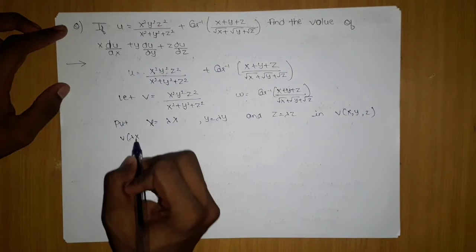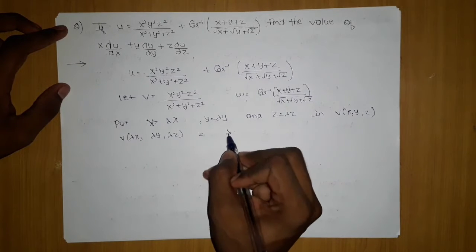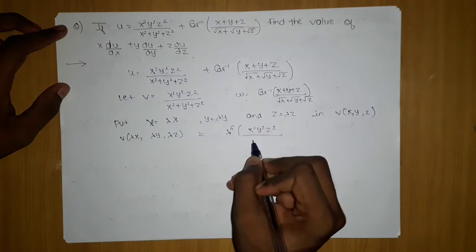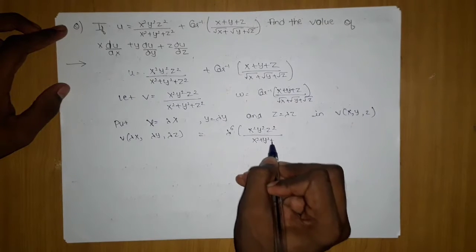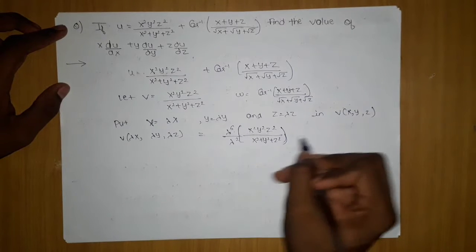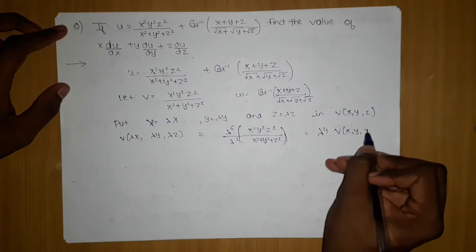So v of lambda x, lambda y, lambda z will be equal to lambda power 6 x square y square z square, and here we will get x square plus y square plus z square, the whole upon lambda power 2. So this will nullify and you will get lambda power 4 v of x y z.